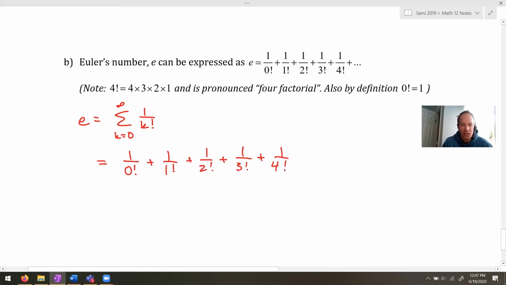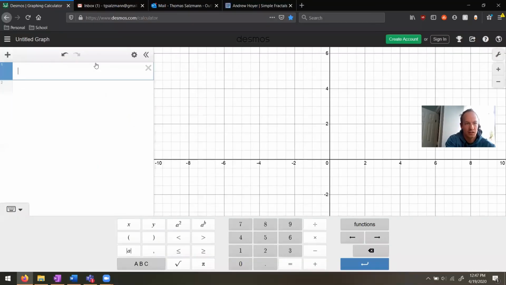Okay, so what is this actually equal to? Let's just try it on Desmos out of curiosity. 1 divided by 0 factorial, which it actually understands as 1, plus 1 divided by 1 factorial, 1 divided by 2 factorial, plus 1 divided by 3 factorial, and then finally plus 1 divided by 4 factorial.